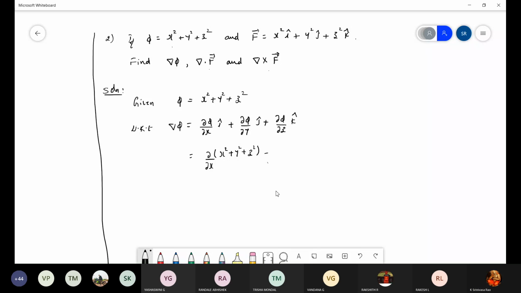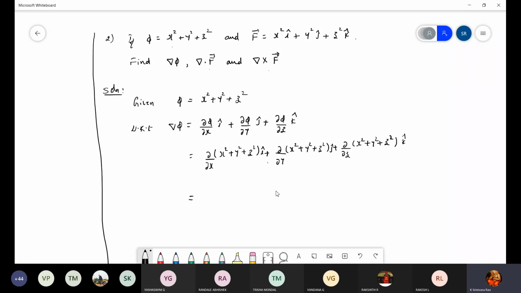Plus dou by dou y of x square plus y square plus z square, plus dou by dou z of x square plus y square plus z square k cap.